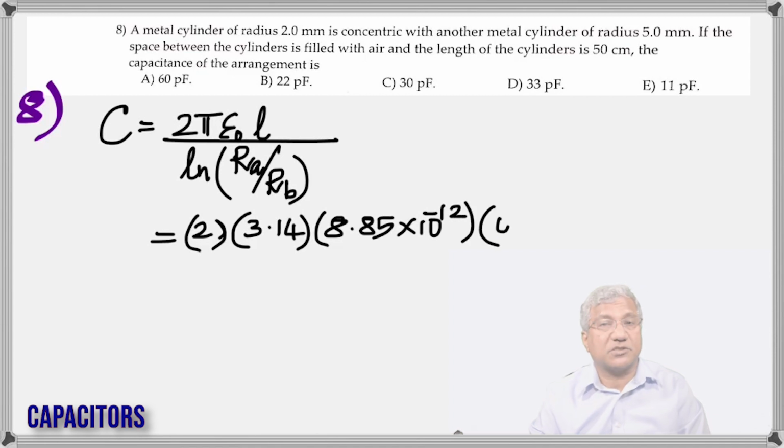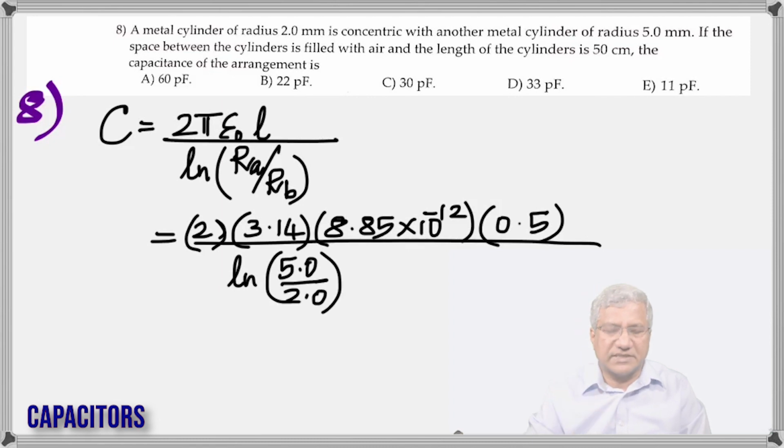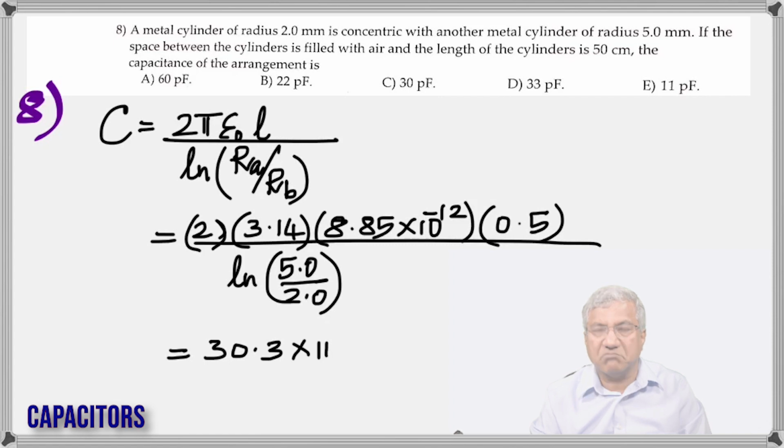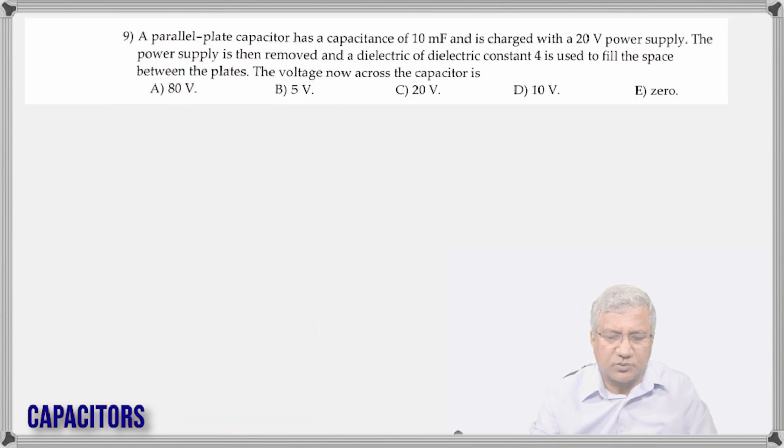I know it's just math, but you have to be careful. The length is 0.5 meters because it's 50 centimeter. And then when you take the ratio, it could be in millimeters. As long as the radii are in the same units, don't worry. Just put them there, it's the ratio. And you get 30 picofarad. 30 picofarad. All right, the next one.